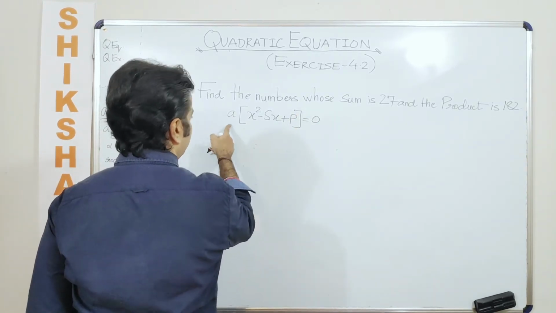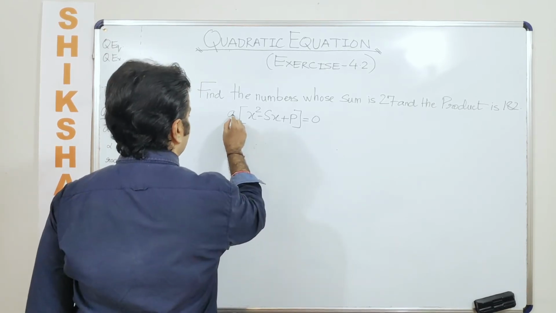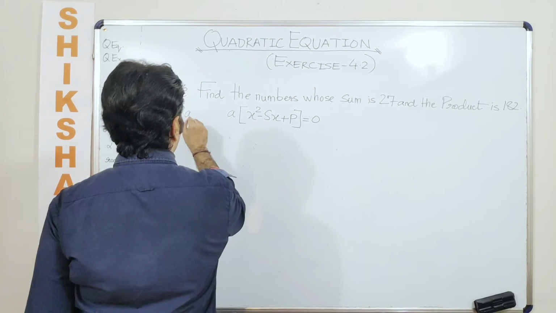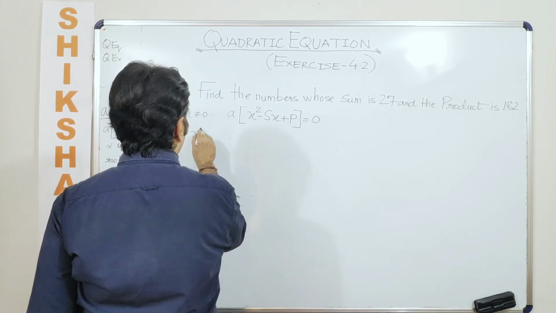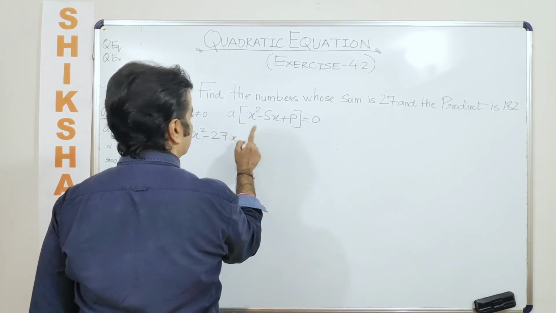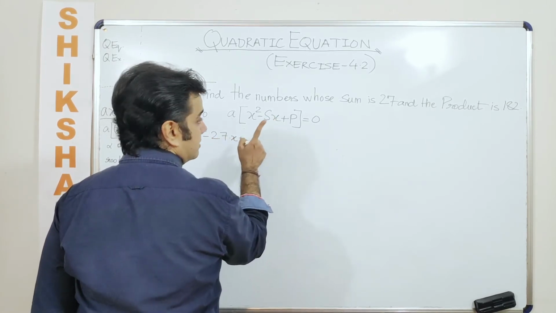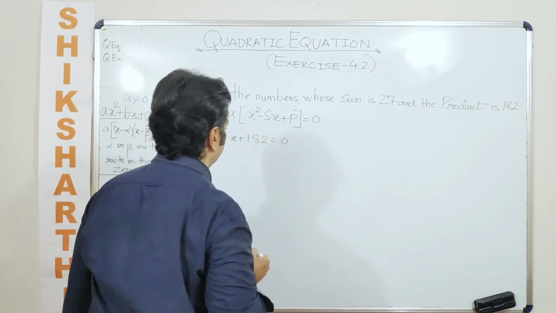Is the value of a given to you? No, the value of a is not given here, but since I know that a is a non-zero term, I divide by a, and eventually I can write it as x square minus 27x plus the product, which is 182, equal to 0.